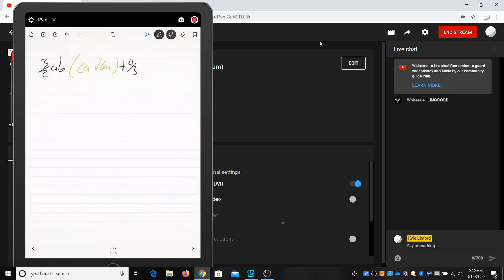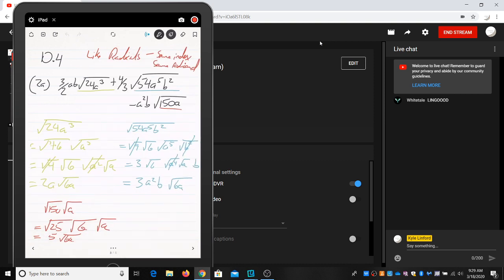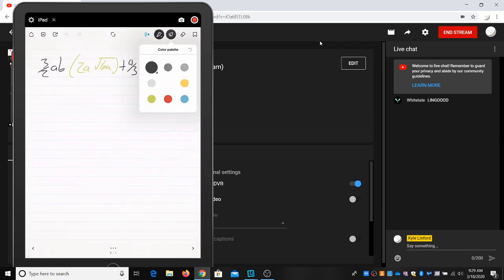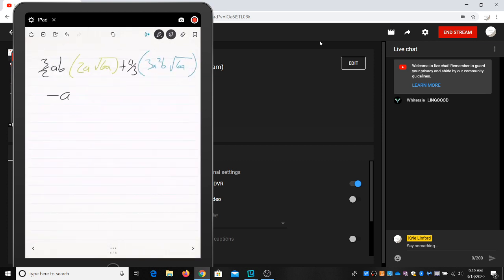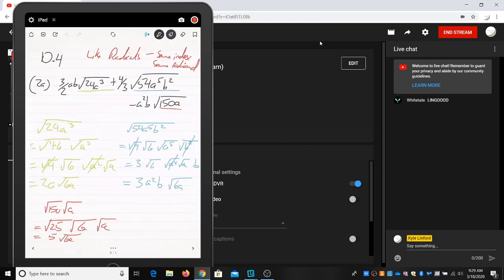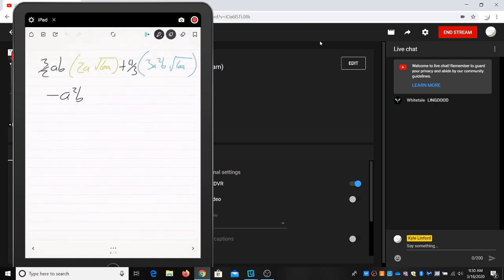I probably should have written this down on a separate sheet of paper. And instead of the square root of 54, a to the 5th, b squared, we're going to put in 3a squared b root 6a. And then the last component was we had to subtract a squared b, and we were going to multiply that by, instead of the square root of 150a, 5 and the square root of 6a. So 5 root 6a.